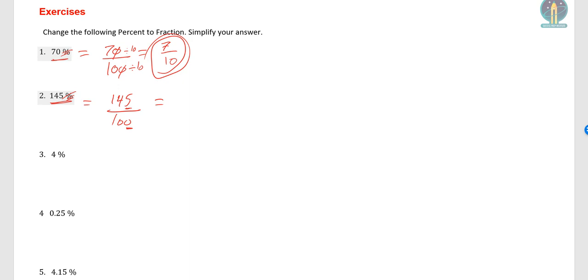A number is divisible by 5 if its units digit is either 0 or 5. So 100 divided by 5 is 20. 145 divided by 5 is 29. And I can simplify this further, right? So 29 divided by 20 is 1 with a remainder of 9 out of 20, right?